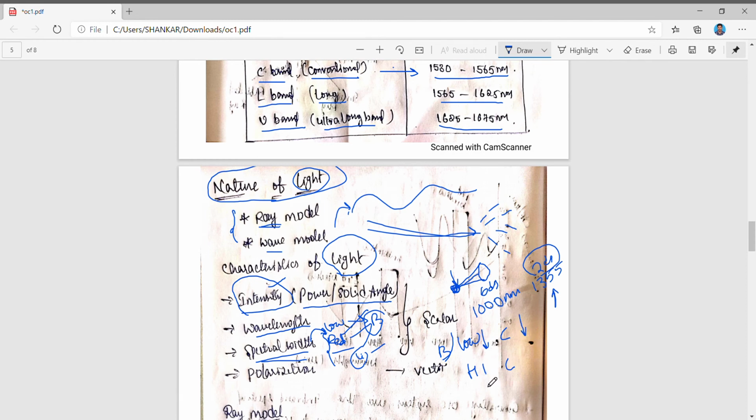If the bandwidth increases, then the channel capacity also increases. We already discussed yesterday, based upon the channel capacity theorem, which is represented as C = B log2(1 + S/N).